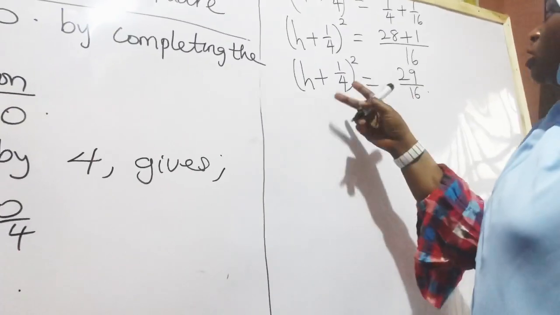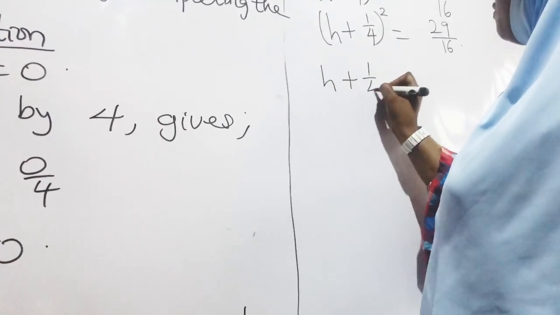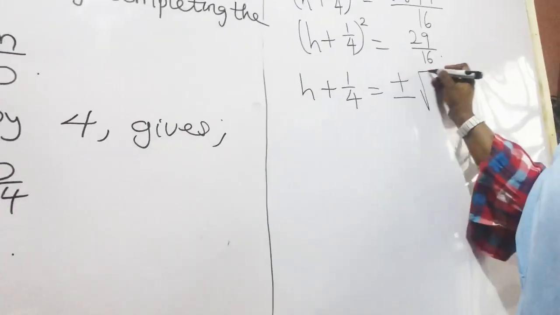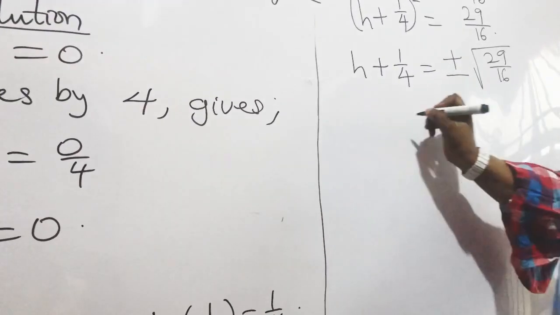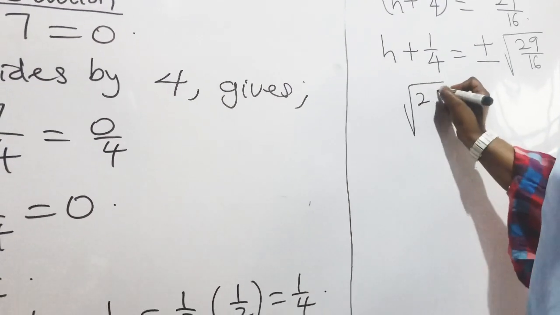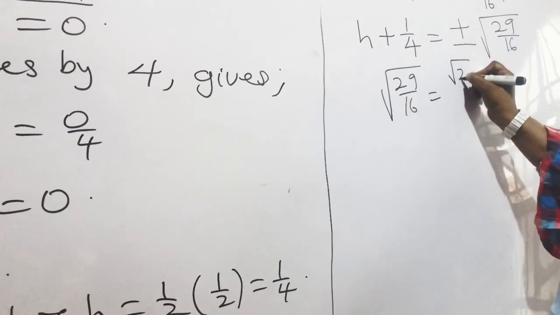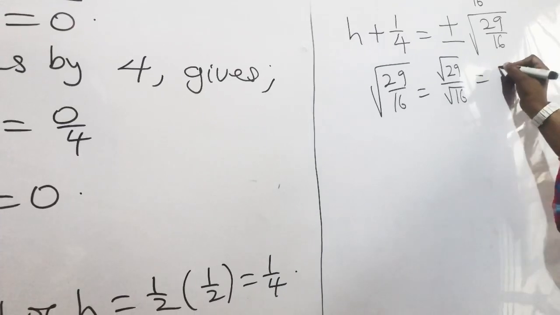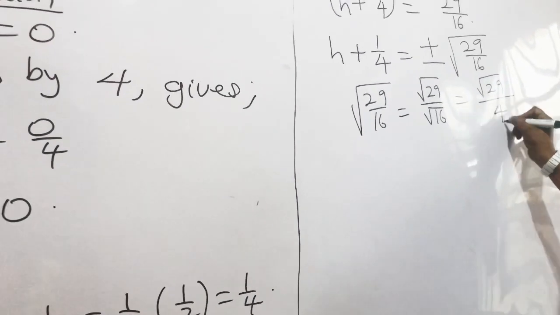So you have to take the square root of both sides now. We have h plus 1 over 4 is equal to plus or minus the square root of 29 over 16, which can be written as root 29 over root 16, so root 29 over 4.